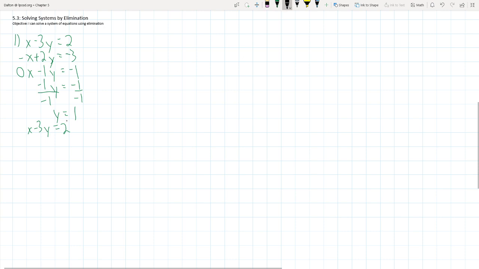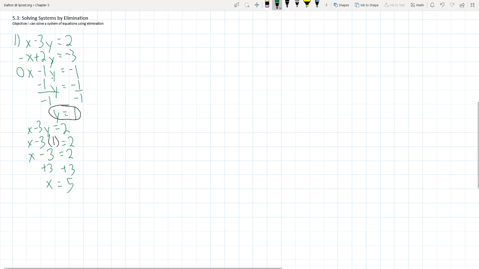I'll circle this in black so we can see where it comes from. So x minus 3 times 1 equals 2, so x minus 3 equals 2. I add 3 to both sides, and I get x equals 5.